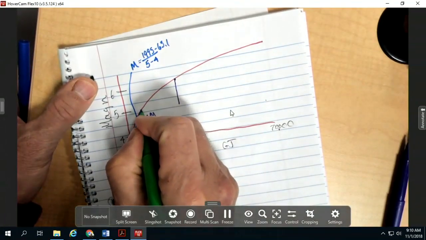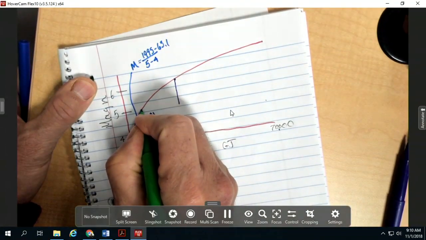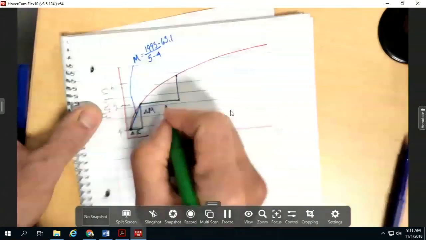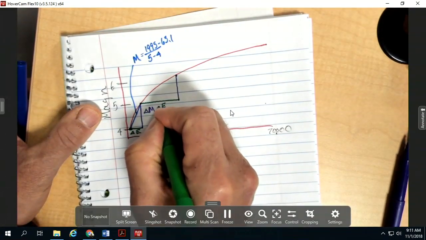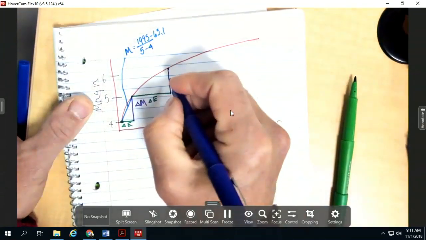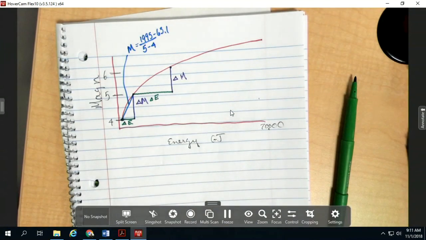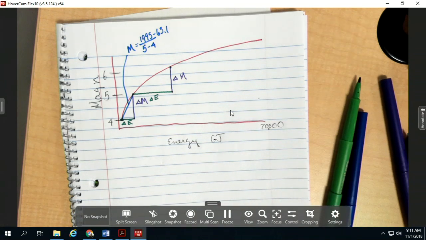Start at where the graph crosses the 5 and go forward until where it meets the 6, and you've got change in magnitude over change in energy.